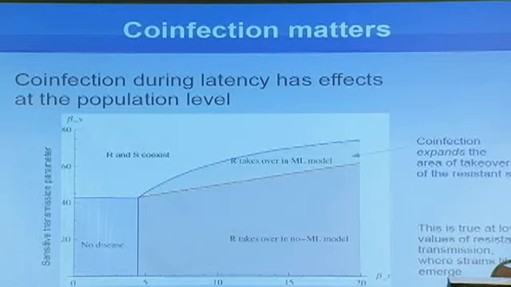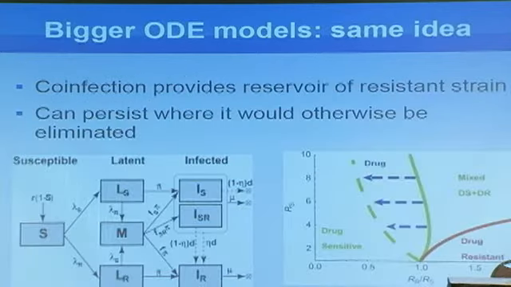So far, resistant strains haven't really taken over, but the take-home message here is that co-infection that you can't observe in this funny latent way, whether it's mixed or not, can actually have a big effect on the long-term population dynamics of simple models. And that also works in somewhat less simple models.